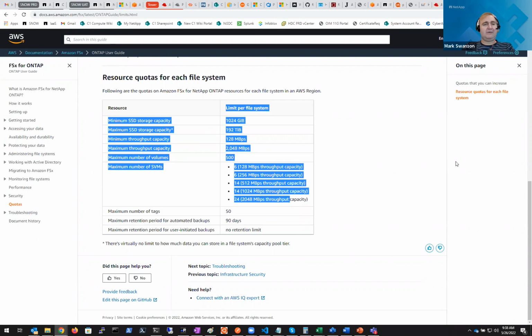Just for my own question, how is security and backup handled on this? Is this all on the Amazon side? Yeah, so you can configure backups. They're optional. You can configure a scheduled backup, and that's through Amazon.